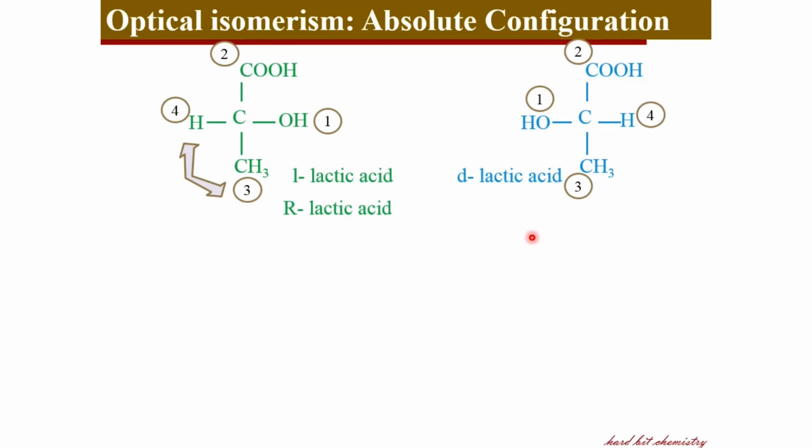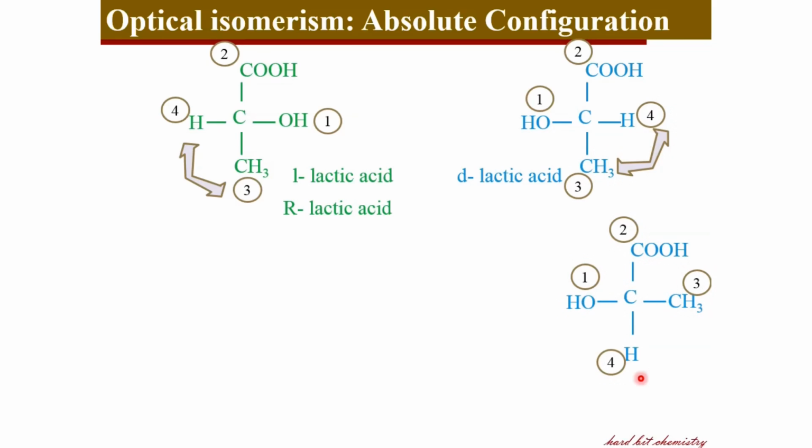And the dextrorotatory lactic acid, if you number like this, and to bring the hydrogen from this position to the vertical down position, you can make an exchange between those two, the methyl group and hydrogen, and the new structure is like this. And to get the structure identical to the original structure, you need to make one more exchange. I opted between those two groups, the methyl and carboxylic groups. So I've got a new structure like this.